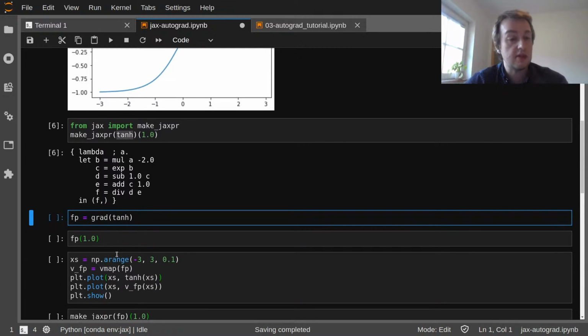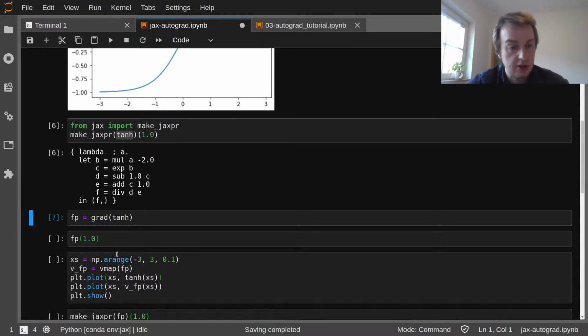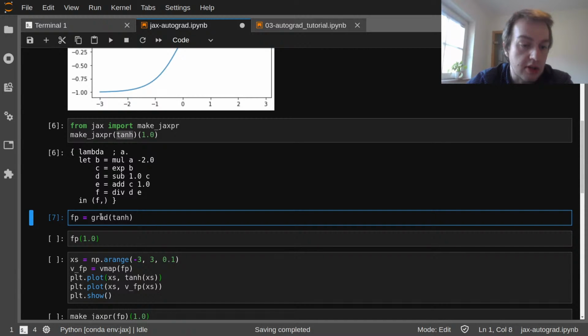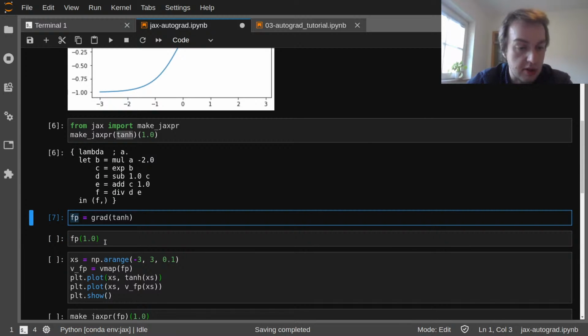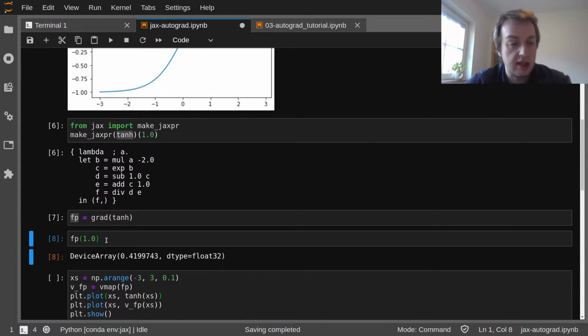All right, so now let's actually run automatic differentiation. The only thing that I need to do now is to call the grad function, and it takes as input another function, which is the hyperbolic tangent function. And now this fp is itself a function that I can run at any value.